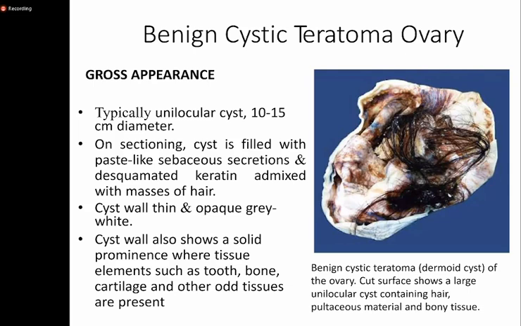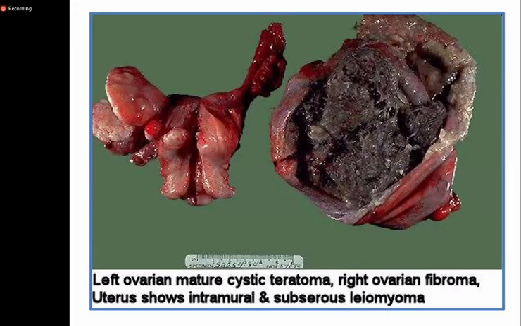And here are some photomicrographs, not the sharpest, but you can see the tumor. And here you have the cyst that is opened up, and you have all this matted hair admixed with sebaceous material.